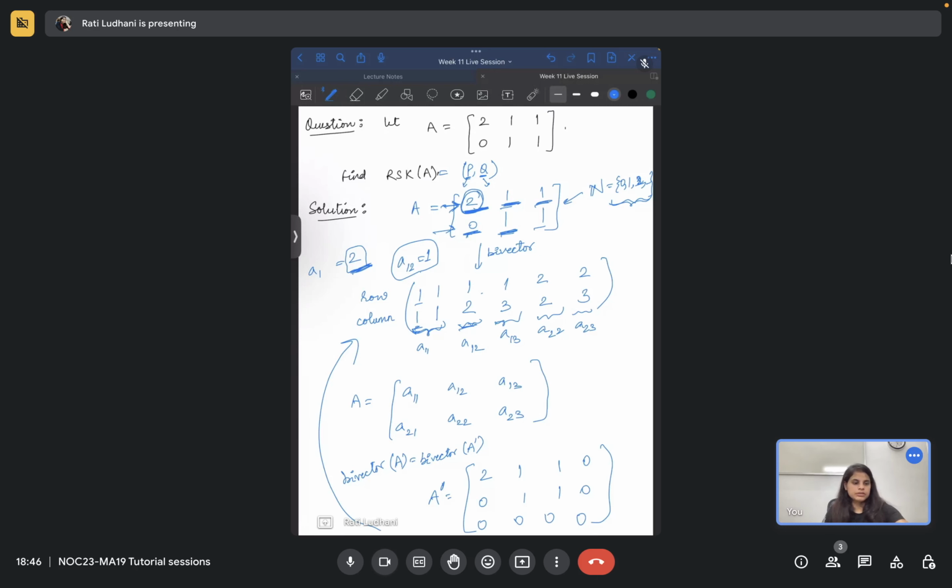Is that clear? Yes, ma'am. But if you add something other than 0 now, then it will be considered, because the column number will change. It will tell you there are 5 columns.